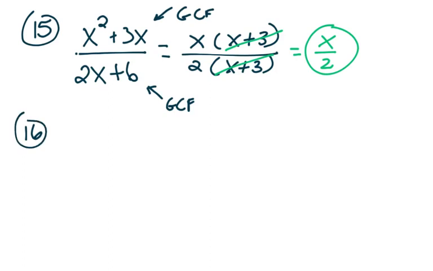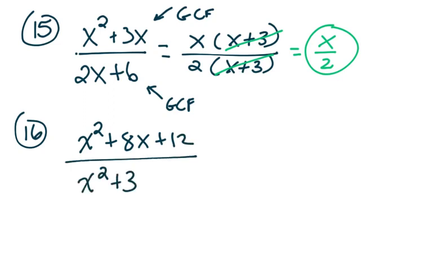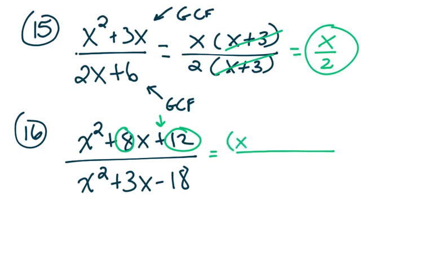Number 16. x squared plus 8x plus 12 all over x squared plus 3x minus 18. Now remember, this is just like the previous questions, but instead of given one trinomial, you were given 2. Factors of 12, when added, give you 8. That's going to be 6 and 2.